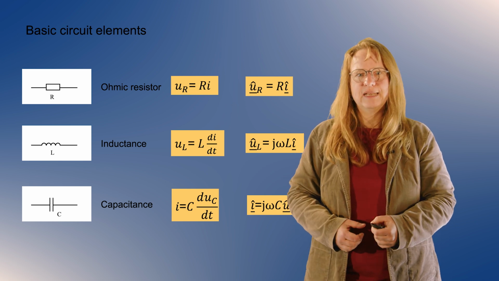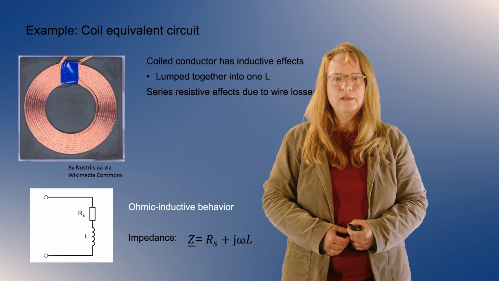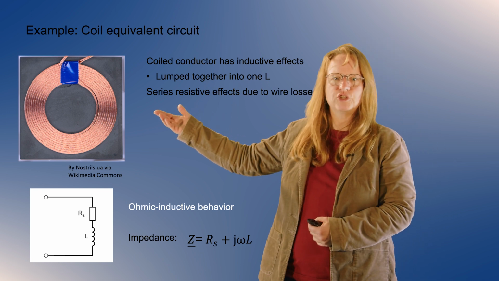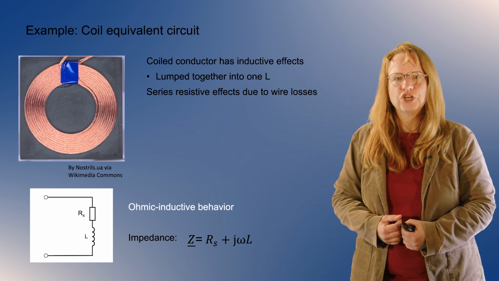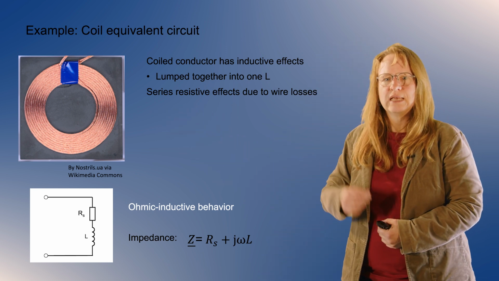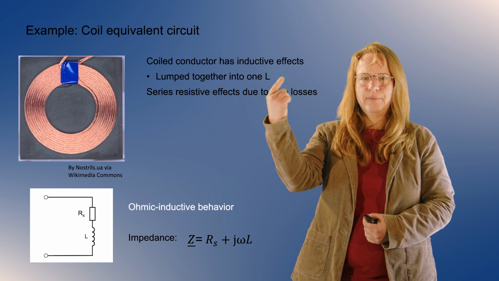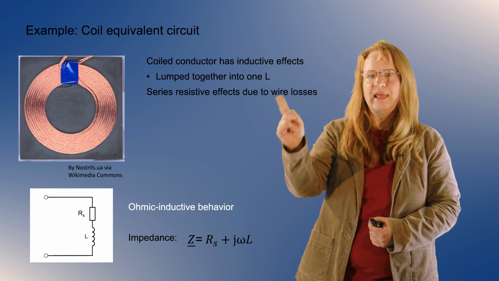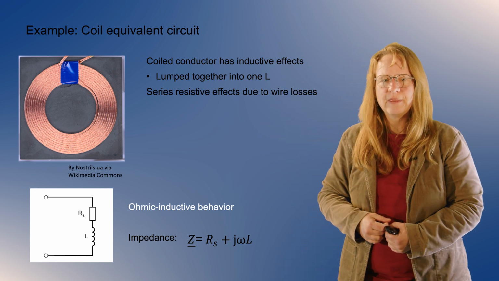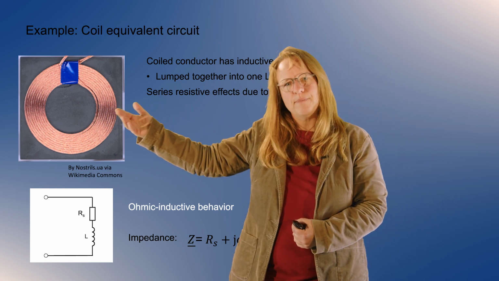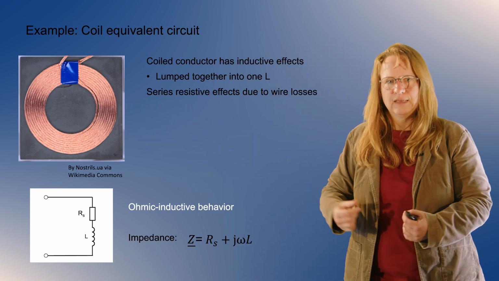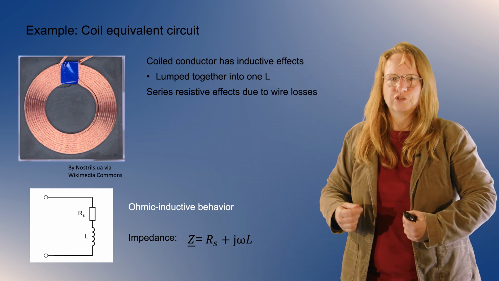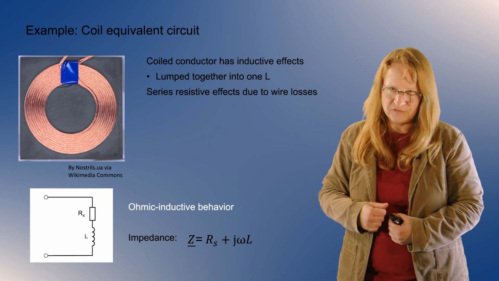So let's consider an example of a coil. The coil that I'm showing you here is a charging coil that is wound in a single layer, so it's on a plane. If we want to describe this coil as an equivalent circuit, of course, first of all, we have to consider the inductive effects.